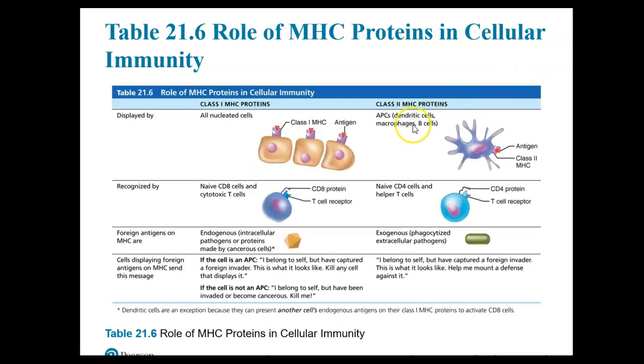This is a chart, and it shows you all the information I have just given you. Spend a little bit of time with the chart. These cells look like cuboidal epithelial cells to me. They're nucleated, so any type of cell that has a nucleus can display a Class 1 MHC protein on its surface.